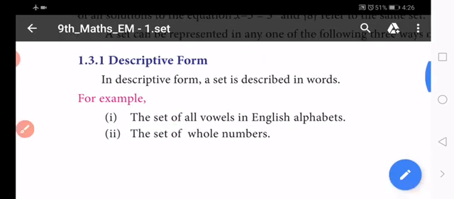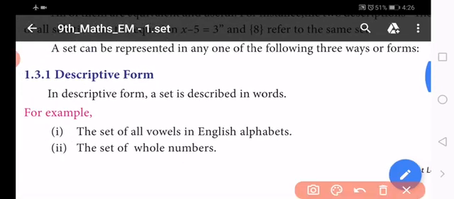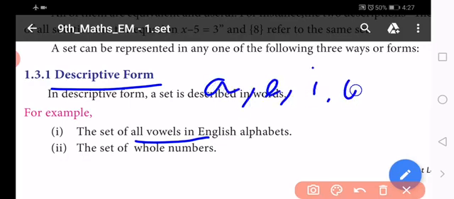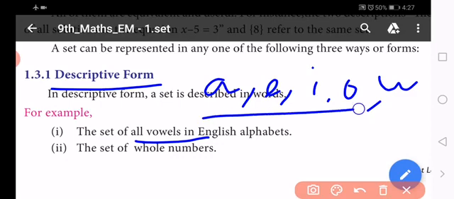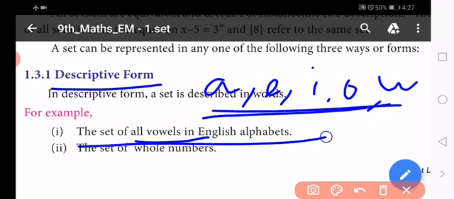Here no elements are used. In the descriptive form, we have not used the elements. Because in the first example, the set of all vowels in English alphabets, what are the vowels used in the English alphabet? You know, there are 5: A, E, I, O, U. But these 5 letters are not visible in the descriptive form.